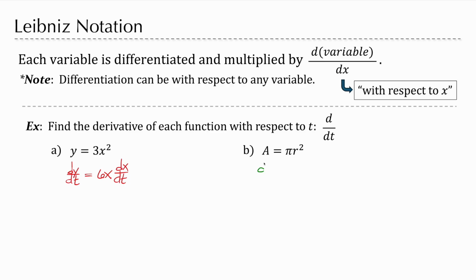But because I'm finding the derivative of A, it's 1 times dA dt, which stands for the rate of change of the area with respect to time. To find the derivative of pi r squared, that's just a number times r squared. So by power rule, that'll be 2 times pi, and r becomes the first power. And since I'm differentiating in r, we multiply times dr dt. So as you can see, we now have this equation here in green that tells me that the rate of change of the area of a circle as time goes by is equal to its 2 pi r times the rate of change of its radius.